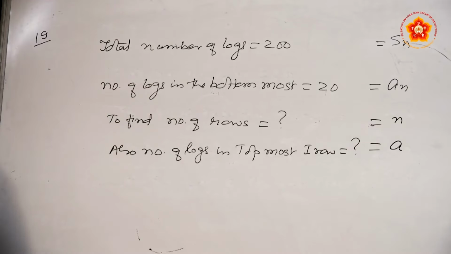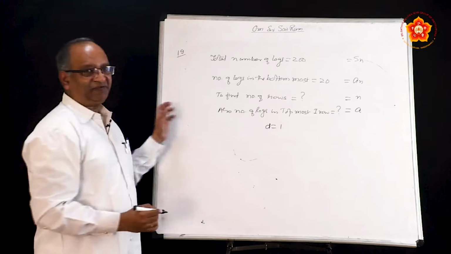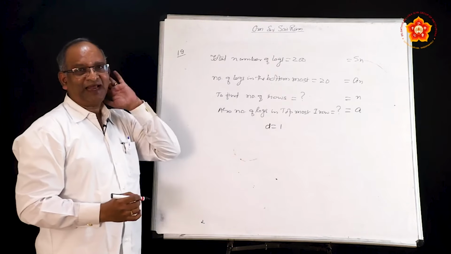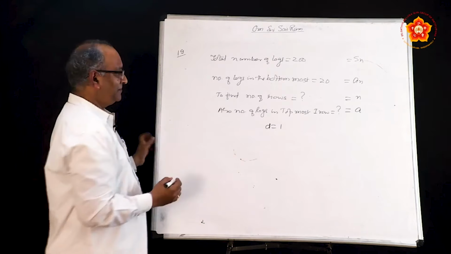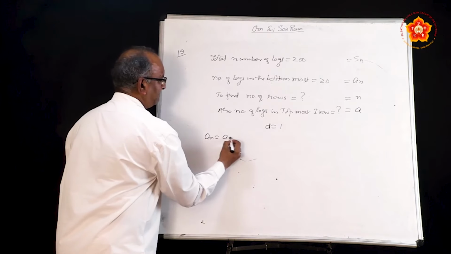And it is also given that layer by layer, the gap is 1. So the D is also known. What is it that we want to find out? N as well as A. So use the formula. First use the formula for nth term.